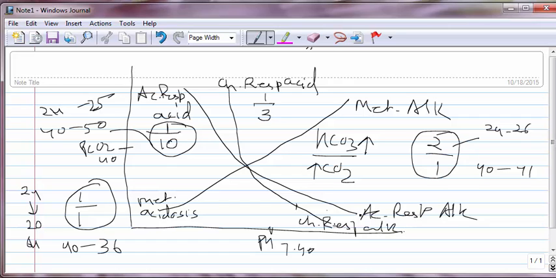Now acute respiratory alkalosis: the patient is breathing faster, carbon dioxide is being lost, but since it is acute, for every 5 unit drop of carbon dioxide, there will be only a single unit drop in bicarb.